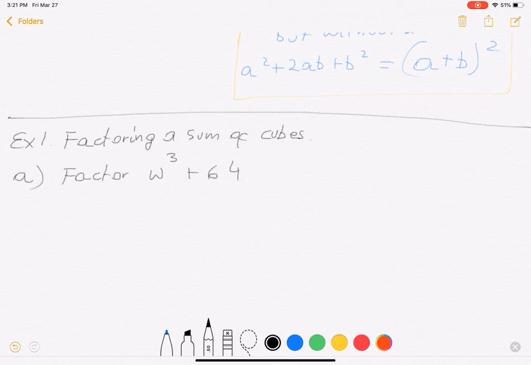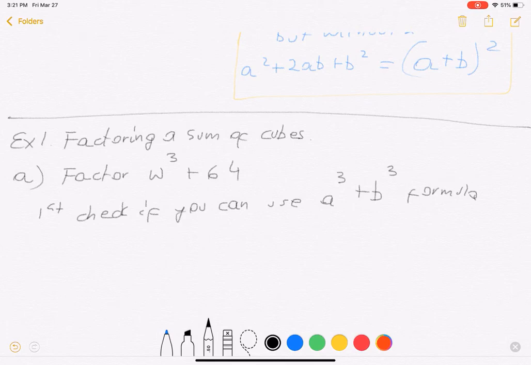Okay, so first check if you can use a to the third power plus b to the third power formula, which is sum of cubes.